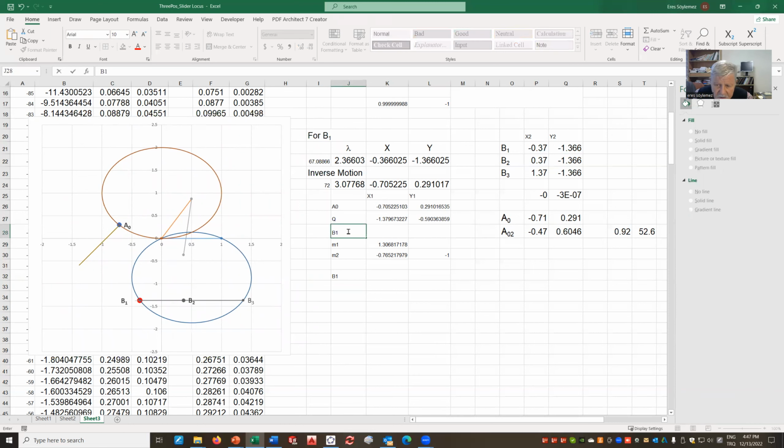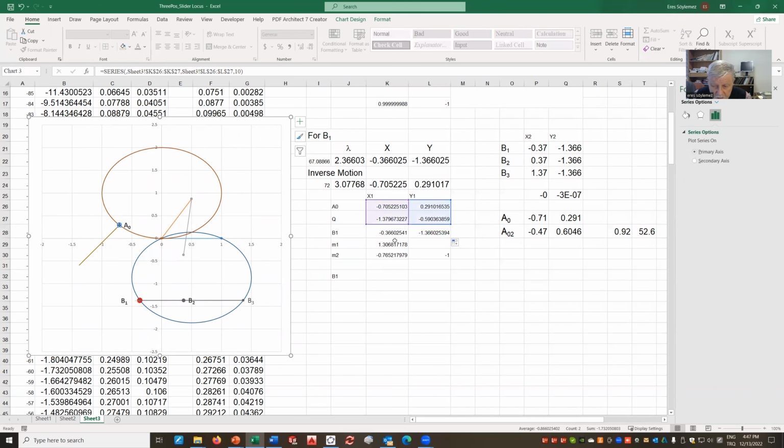Write B1 over here, equal to, extend this, because those 3 points are going to be on the same rigid body. It looks like that. I'll change it as well. I'm not going to use A0 for that line.